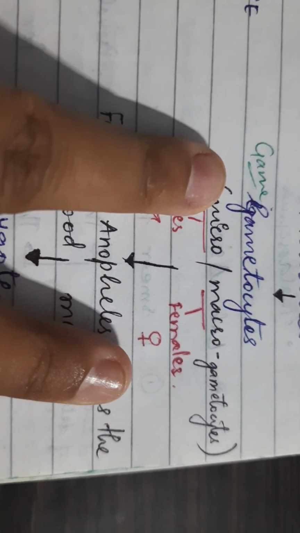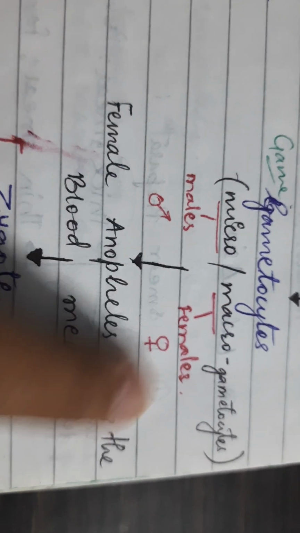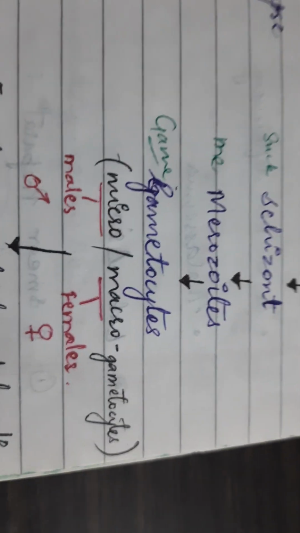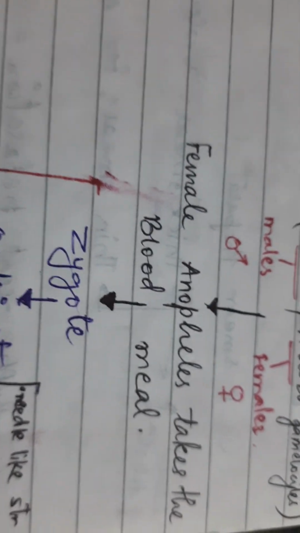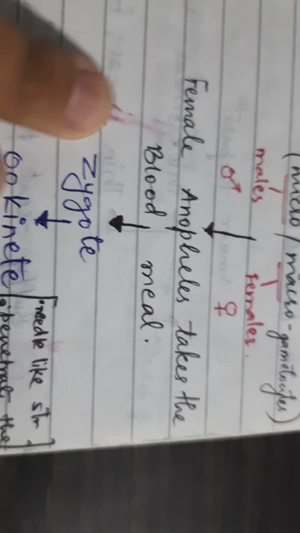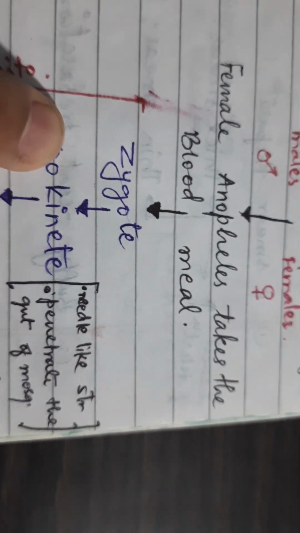Gametocytes are of two forms: micro and macro gametocytes. Micro are male and do not cause malaria; females are more dominant. That's why the female Anopheles affects us and can cause malaria. The female Anopheles takes the blood meal with gametocytes.